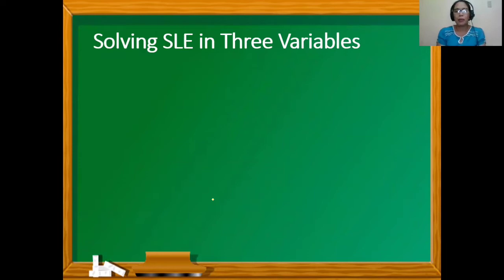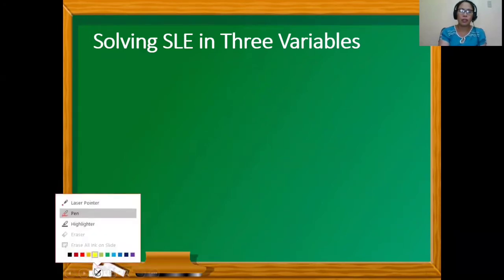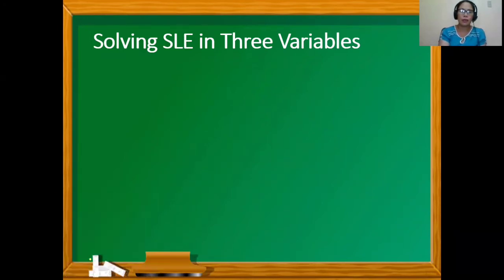So you already have the idea on how to solve for the system using elimination since I was able to introduce this to you as we solved for the solution of systems of linear equations in two variables. So let's work on this system. Okay.